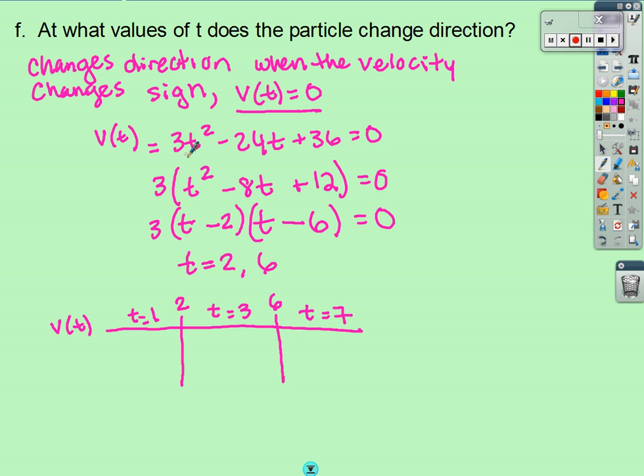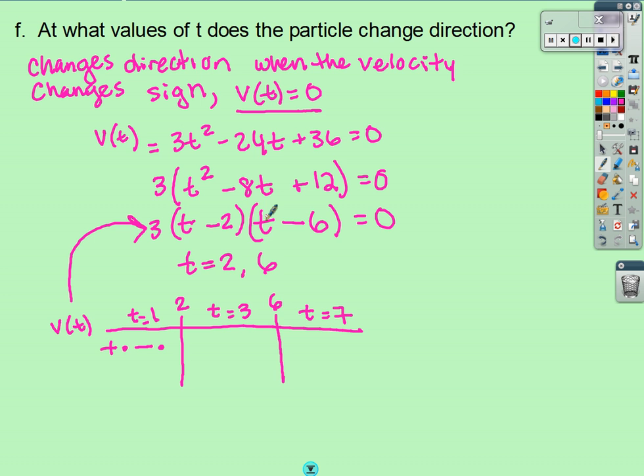A good way to do this is you could either plug into the factored form, which is the easiest, or plug this equation into your calculator, but we're not using calculators right now. So I'm going to plug into the factored form, which is the easiest form to check signs. 3 is always going to be a positive factor, times, if I plug 1 in here, I get 1 minus 2, which is negative.